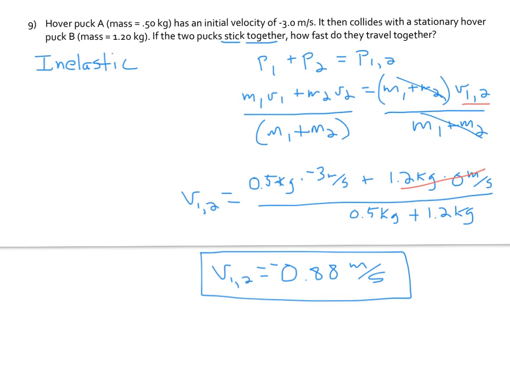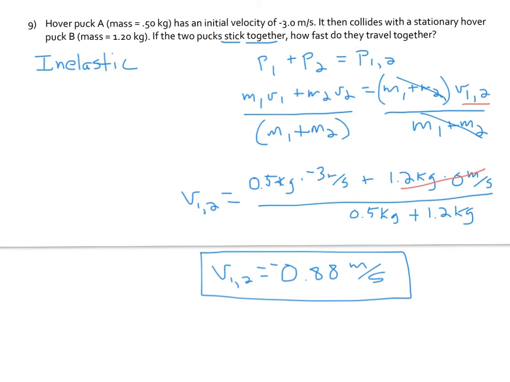Alright, so in solving the problem, we got lucky here because one of the velocities is 0 in the first place. So that means that we can actually get rid of the m2 v2 term altogether, and then just take the negative momentum that the first puck had and divide it by the combined mass to get the combined velocity after they stick together.